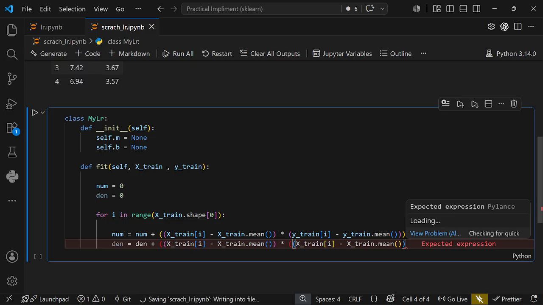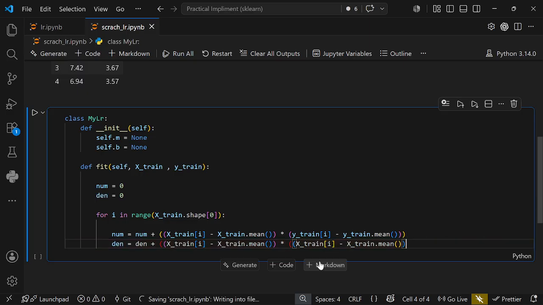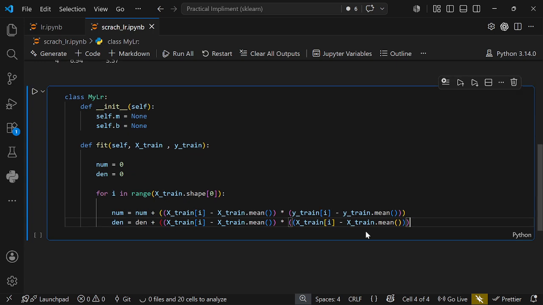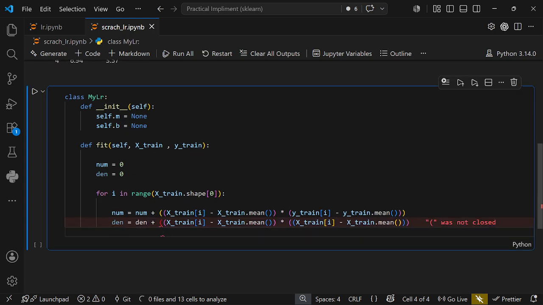Then it will become the square of xi minus x bar. So this is our m. What is happening here?